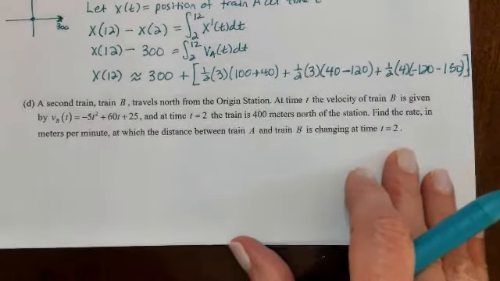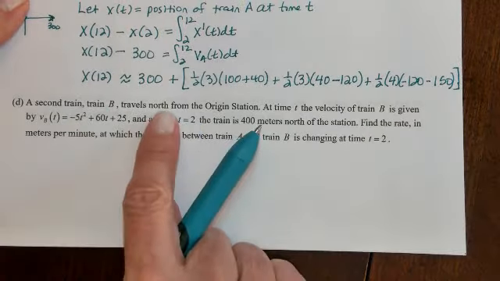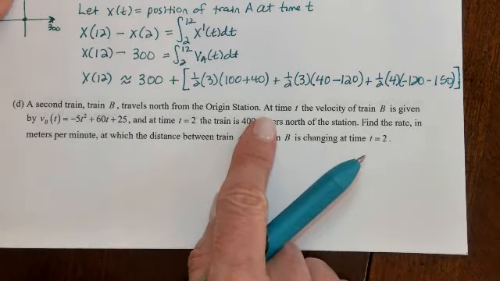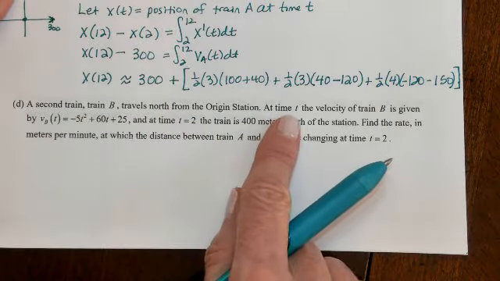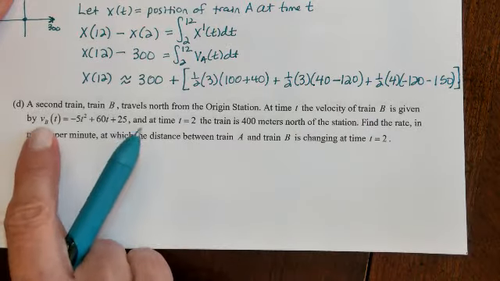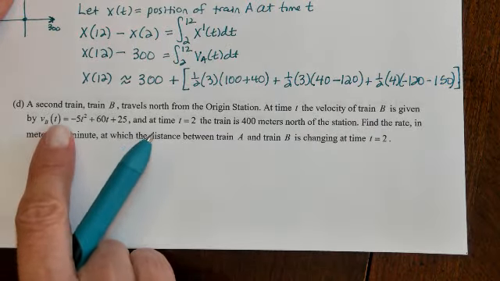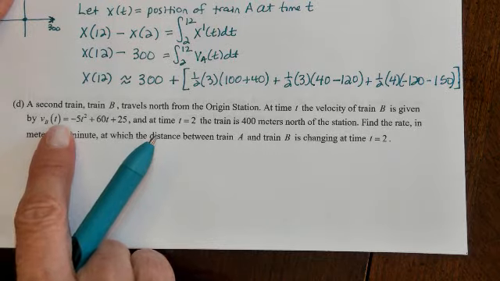Okay. Part D. A second train, B, travels north from origin station at time t. The velocity of train B is given by v sub b of t. Sorry, v sub b of t. Wow, that's a tongue twister for me.